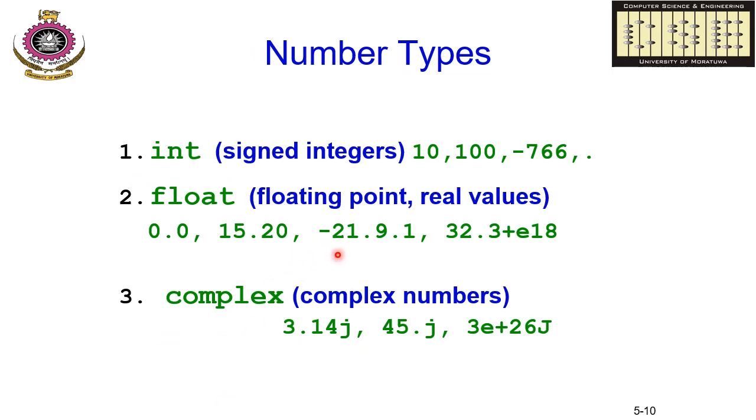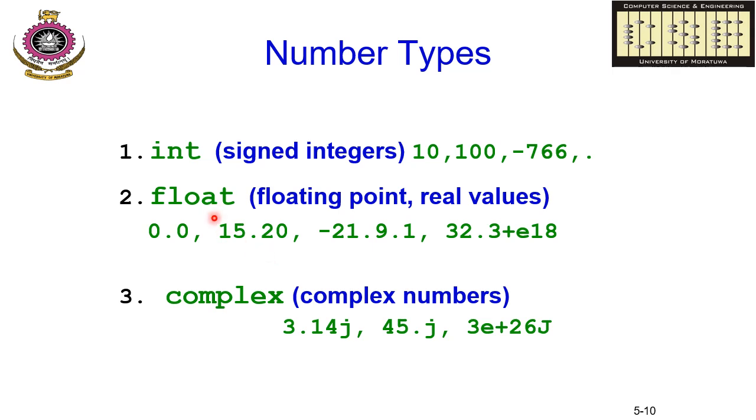So here are the number types available in Python. We already know what an integer is. It's formally known as a signed integer because we can represent both positive and negative numbers. Integers are whole numbers, so there are no decimal places. Then we move to the floating point type, or float. These are real values which can include decimal places.